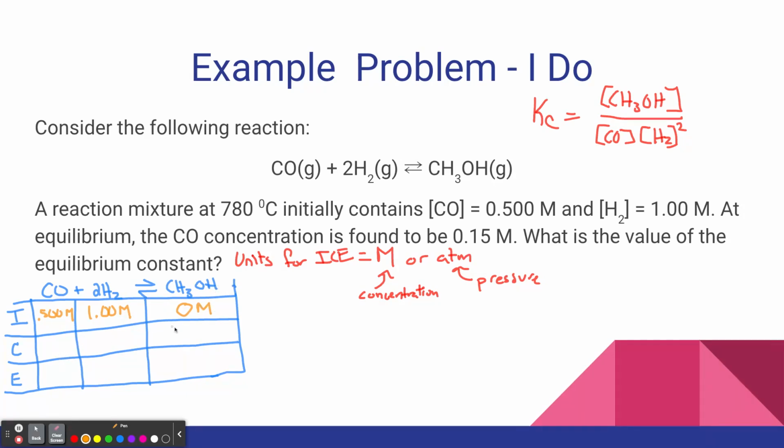We don't know anything about change yet because they didn't tell us the change. Instead, they told us that carbon monoxide's equilibrium concentration was 0.15 molar, which means that in order to go from 0.5 molar to 0.15 molar, we lost 0.35 molar.